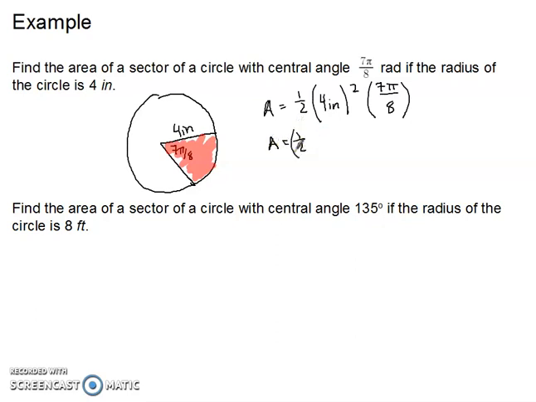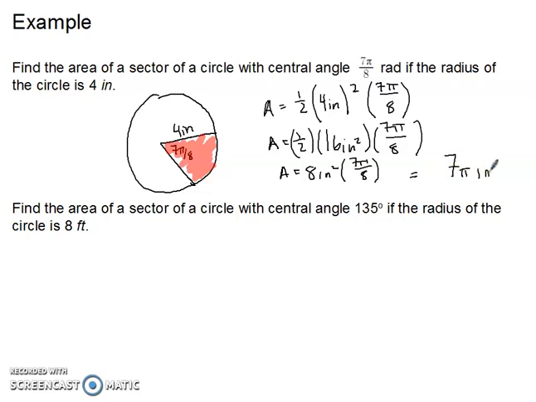So 1/2 multiplied by 16 square inches, multiplied by 7 pi over 8. Half of 16 is 8, so 8 square inches multiplied by 7 pi over 8 is going to simplify down to 7 pi square inches.